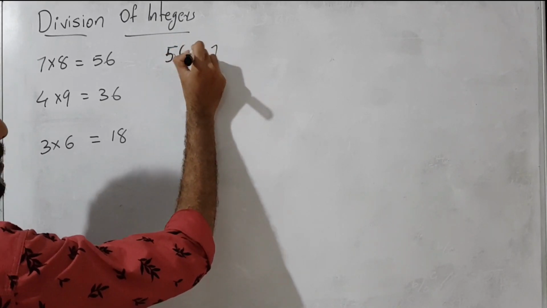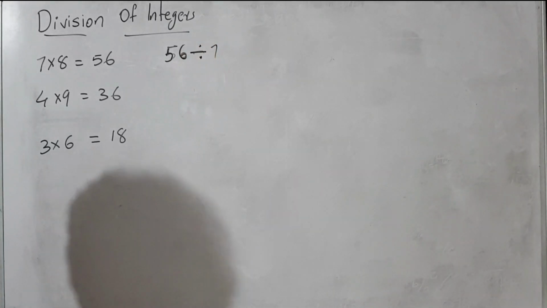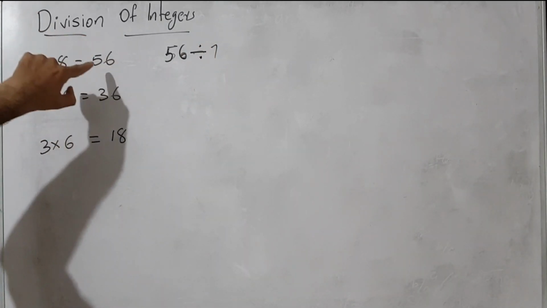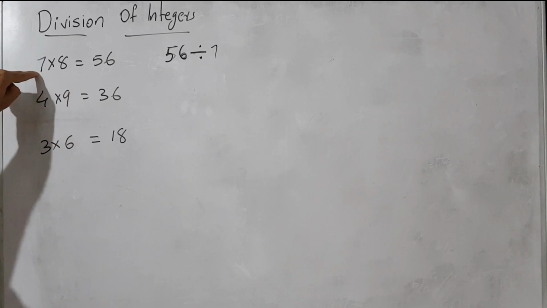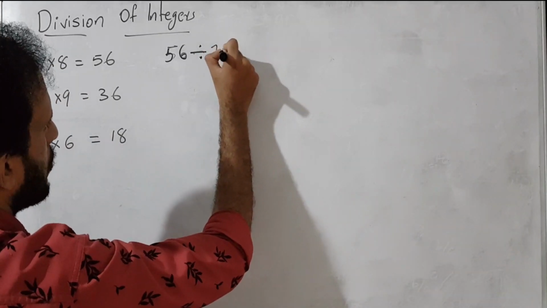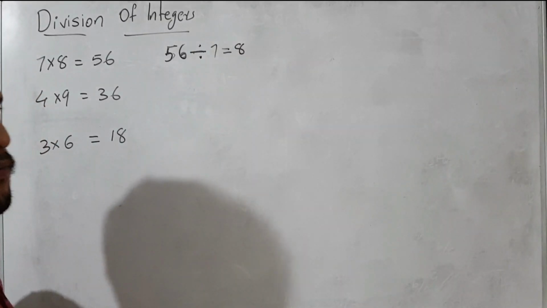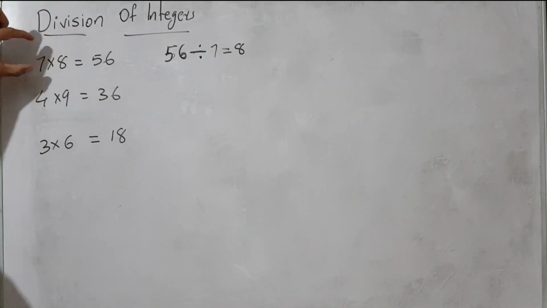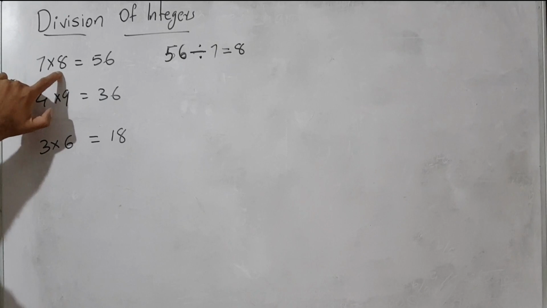We know the answer is equal to 8. Correct? 56 divided by 7 is 8.